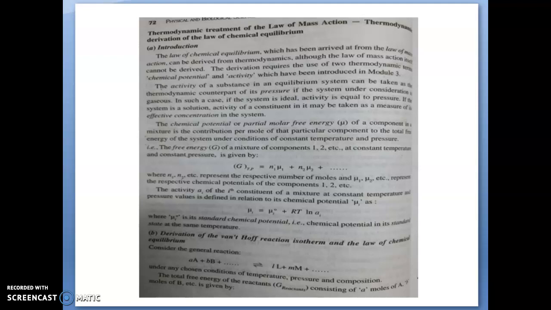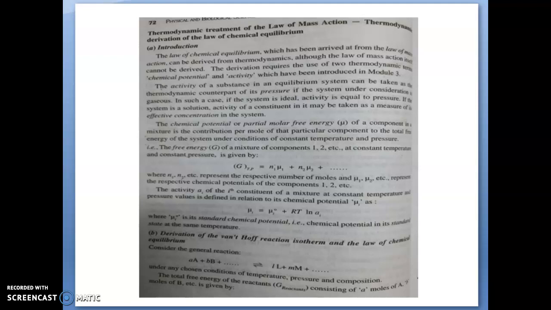What is the law of chemical equilibrium, which has been derived from this same law of mass action? That is derived from the thermodynamic treatment of this law of mass action. For knowing this law of chemical equilibria, we should have an idea about what is chemical potential or activity.